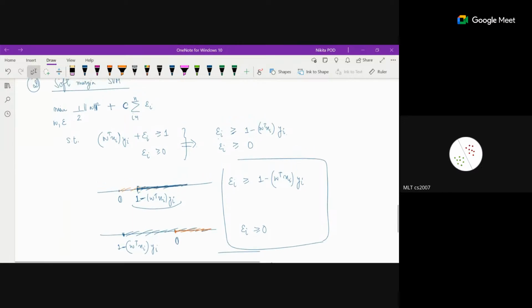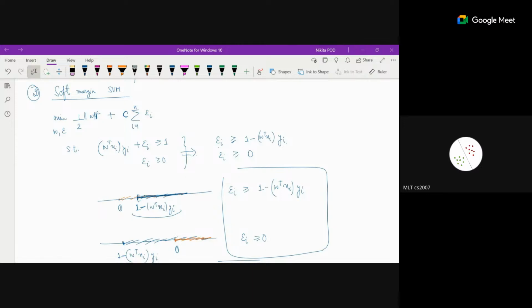See, we had this. This is what we had seen, right? This was the formulation for the soft margin SVM. We know that, right? But in the constraint, you have this. One constraint is epsilon I greater than or equal to 0, and the other constraint is this one. So if we can also write epsilon I to be this, right?